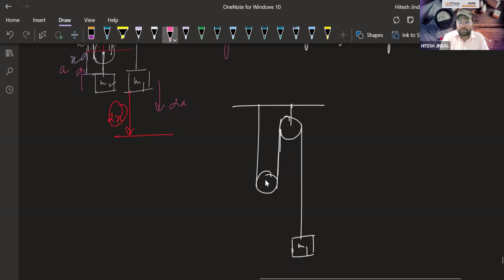I am telling you, this is M2. If this M2 is moving X up, that means this pulley is also moving X up. This is clear.